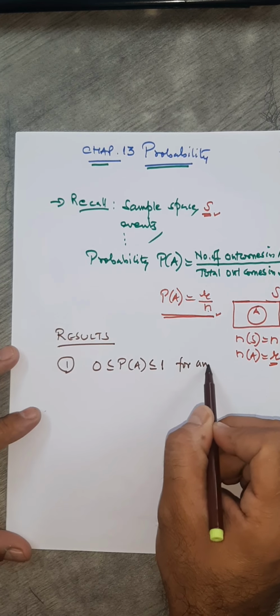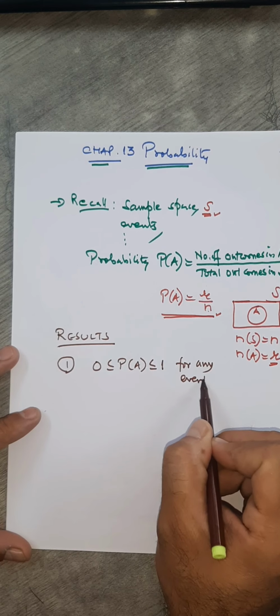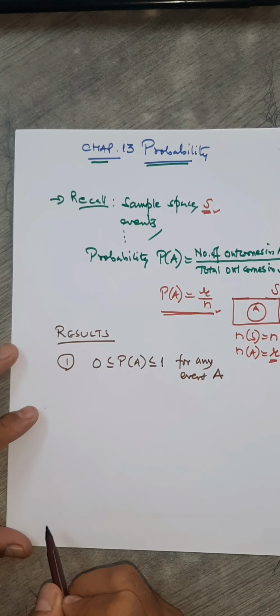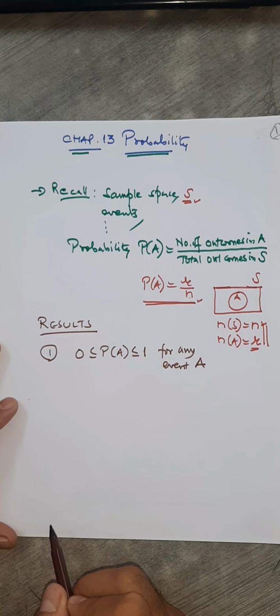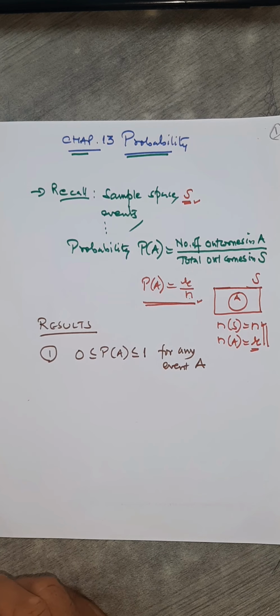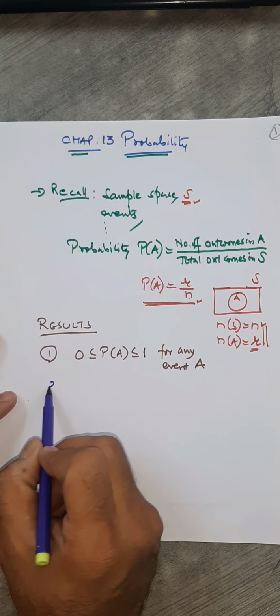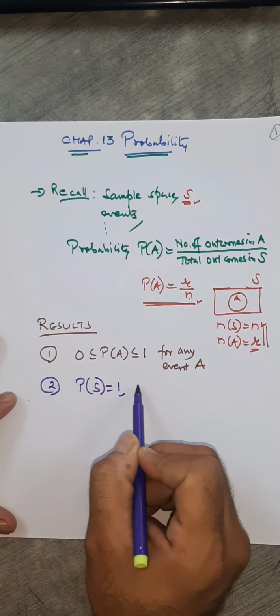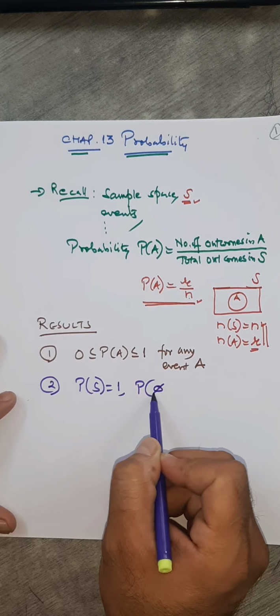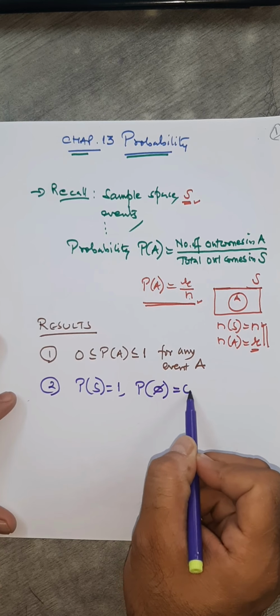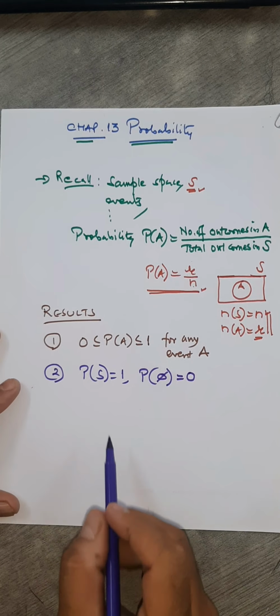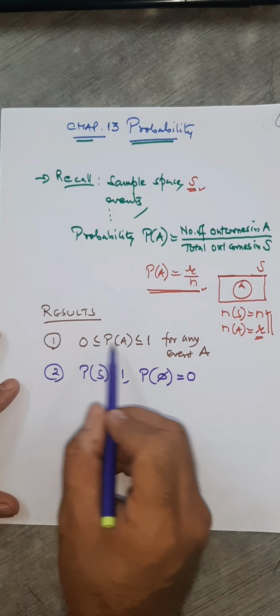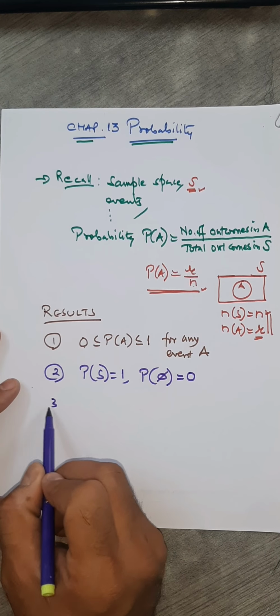We also know the probability of the sample space is always 1, and the probability of the impossible event is 0. Probability varies from 0 to 1.